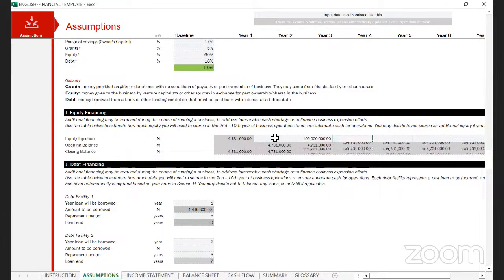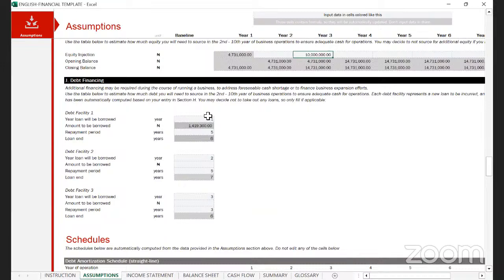So here you can account for additional sources of financing by year, the additional equity injections that you expect to come into your business. And then finally, debt financing, which might not apply for everyone. It allows you to account for 3 different debt facilities, and it will allow you to indicate which year you are borrowing that loan.